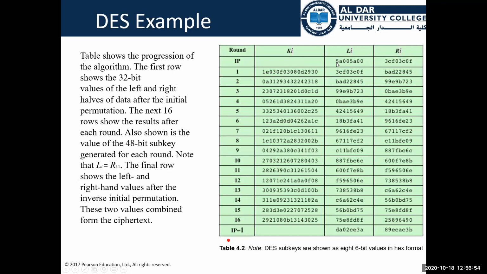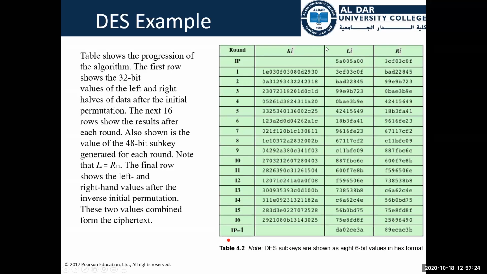This is hexadecimal, this is 5 in hexadecimal, and this is A in hexadecimal. And you know that a hexadecimal digit is represented by 4 bits. So we have 4 multiplied by 8, which is 32. 32 plus 32, we have 64. This is the block size.